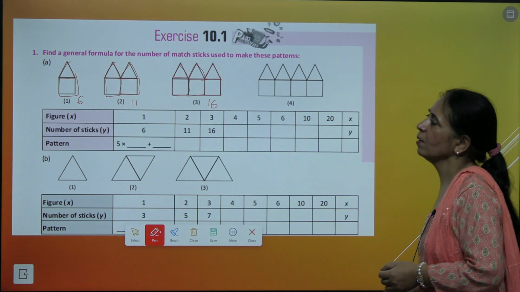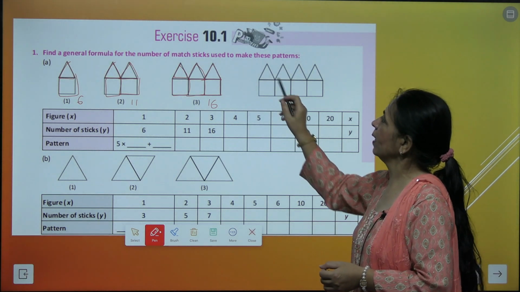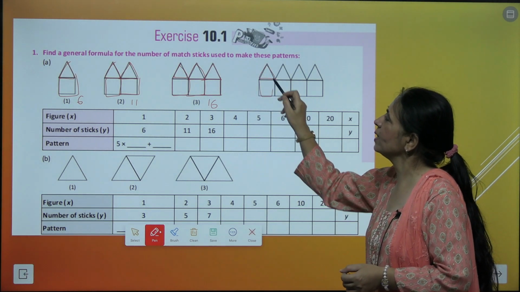So what do you observe? We observe कि next figure देखते हैं. 3 and 3, 6.